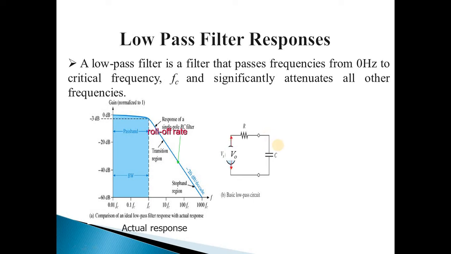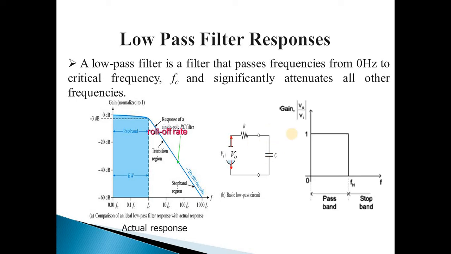Now the actual response we have seen here, and as I stated, this is the roll off rate for a single pole filter, and it is minus 20 dB per decade.